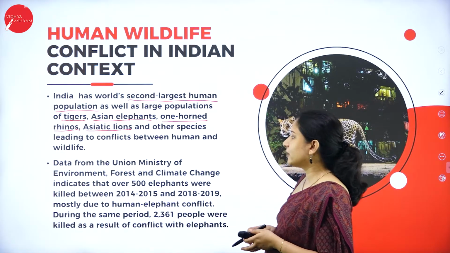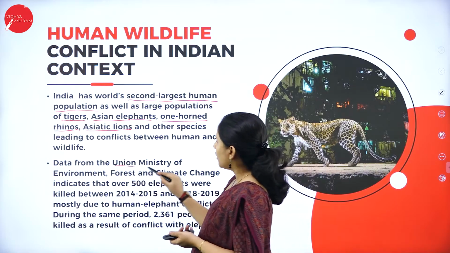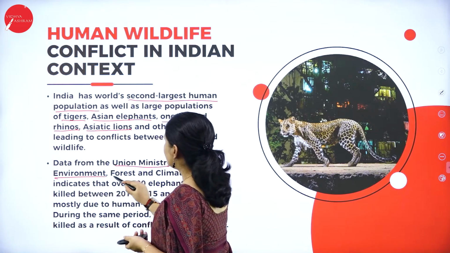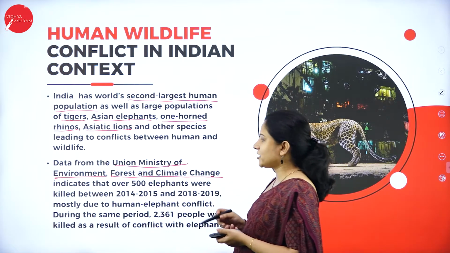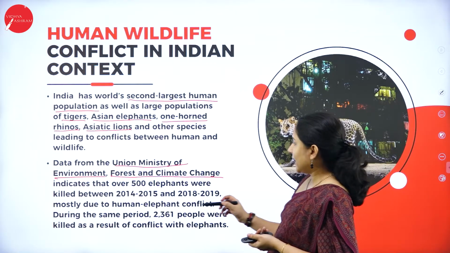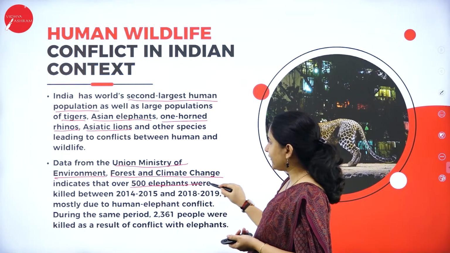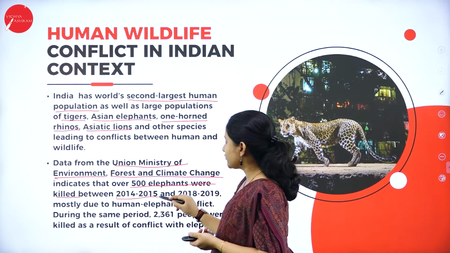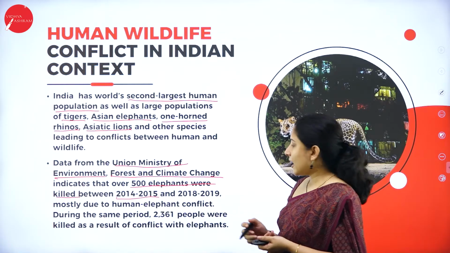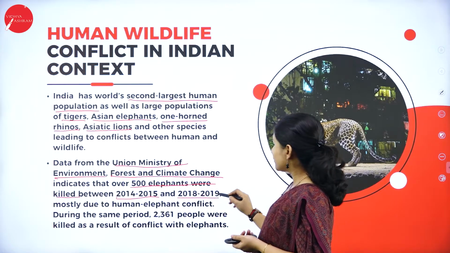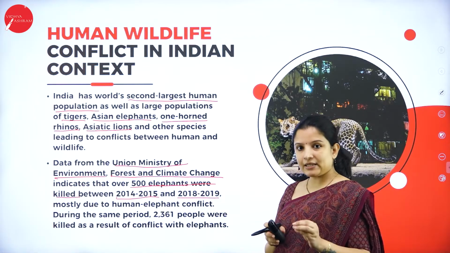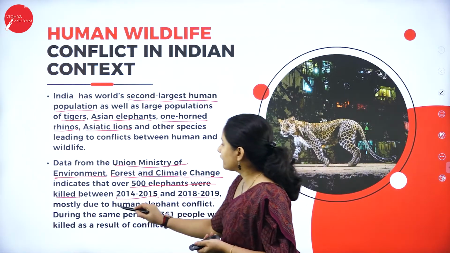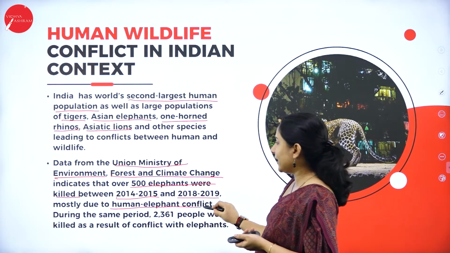The data from the Union Ministry of Environment, Forest and Climate Change indicates that 500 elephants were killed between 2014-2015 and 2018-2019, mainly because of conflict between humans and elephants.